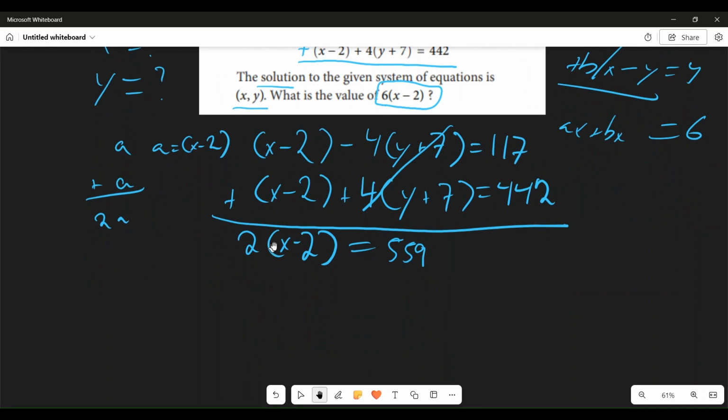All right, so we are getting pretty close now, and let's recall what they want us to solve for. We don't need to solve for x, we need to solve for 6 times the quantity x minus 2. So let's see how we can manipulate this term into 6 times the quantity x minus 2. Well, we can make this a 6 by multiplying it by 3.